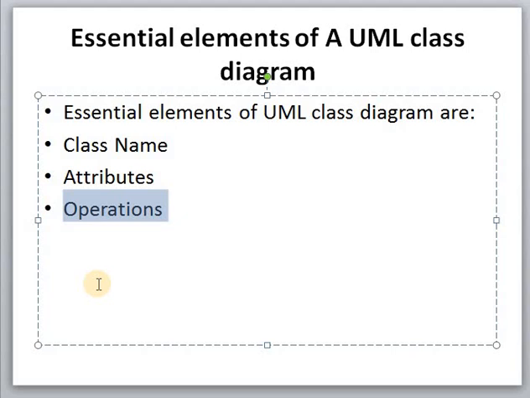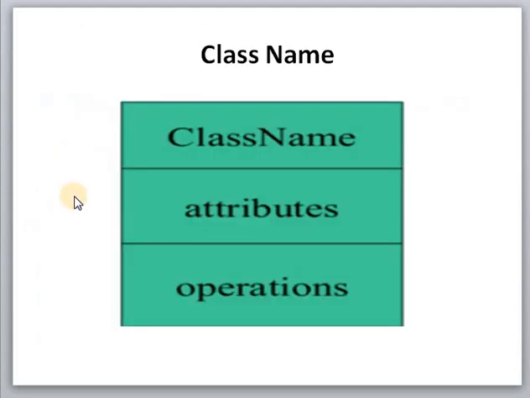The first partition contains the name of the class. The second partition contains the specific attributes of that particular class, and the third partition contains the operations of that specific class.